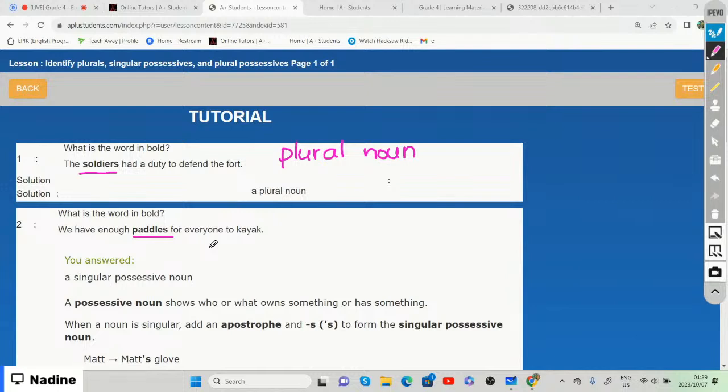And remember, if it does not have an apostrophe or an apostrophe and S, then we cannot say it is a possessive noun. So it cannot be a possessive noun if there is no apostrophe and S. So we have enough paddles for everyone to kayak.